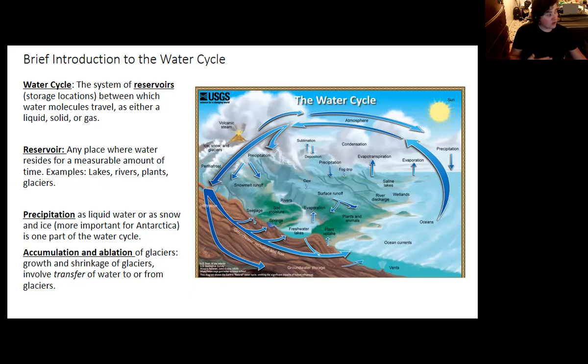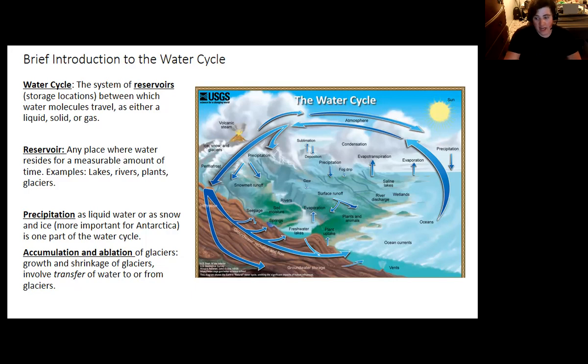And glaciers close to their termini, close to the end of the glaciers, are said to be ablating. Glaciers are getting smaller when they are being evaporated or sublimated, when the ice turns directly into water vapor, or when the ice melts, or simply when the ice breaks off into smaller pieces, icebergs, in a process known as calving that we'll go over much more in the second half of the lecture.